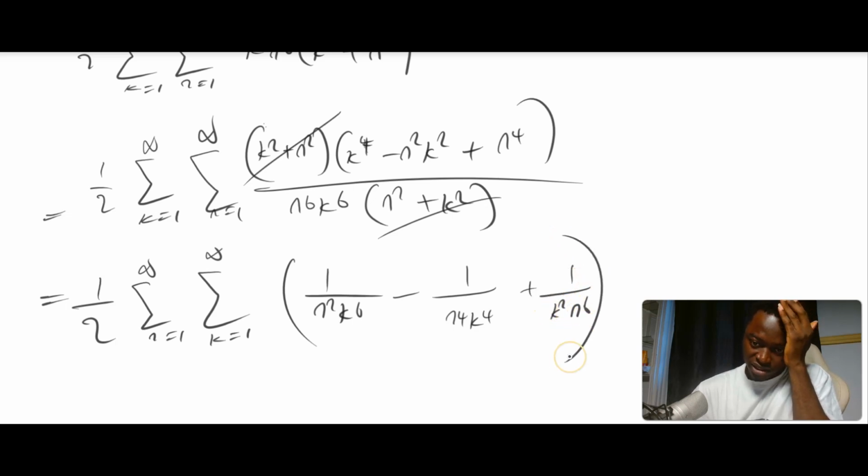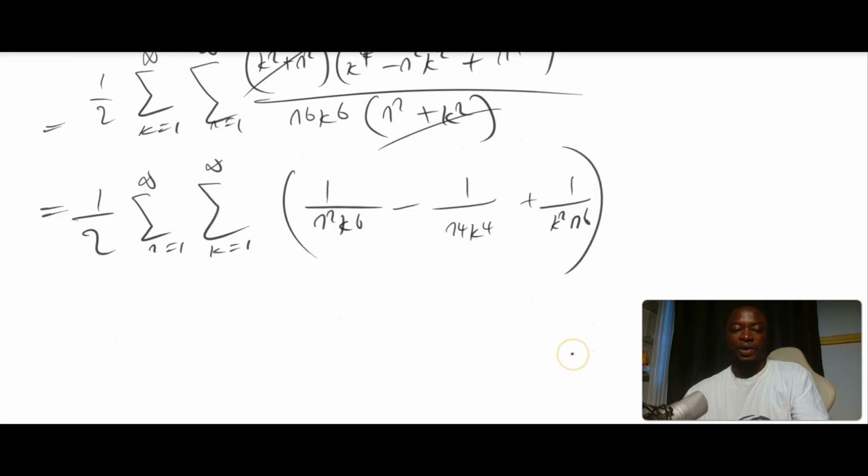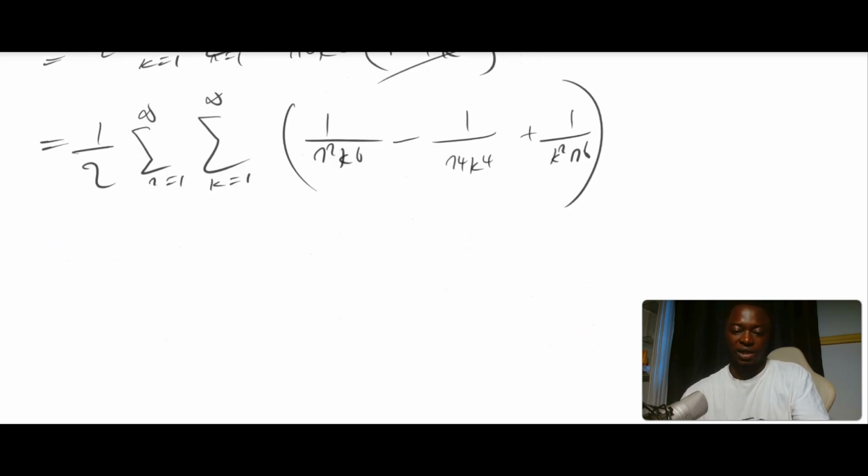Let's write it this way. So each of these sums, we could write them as this. We could write this as half.